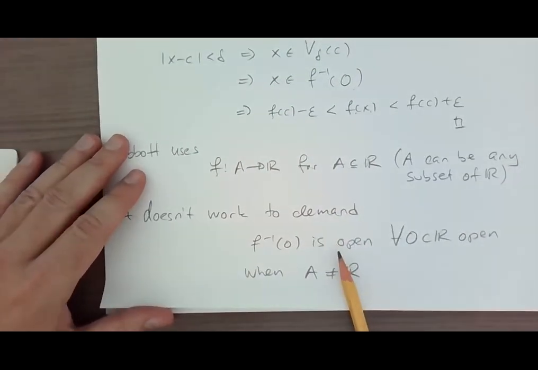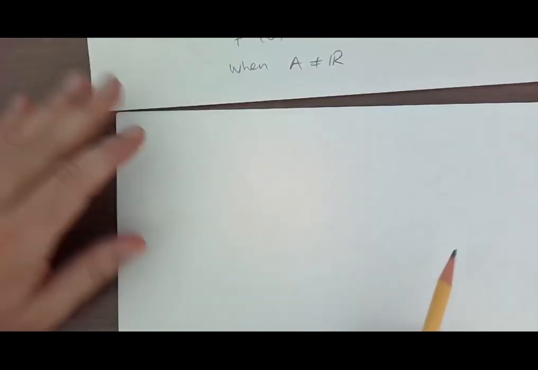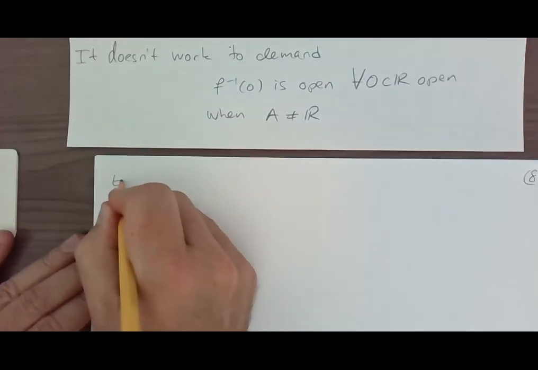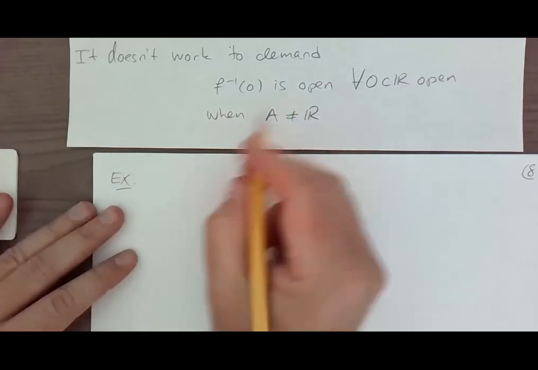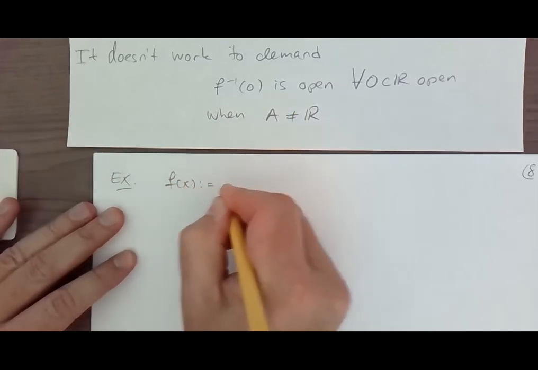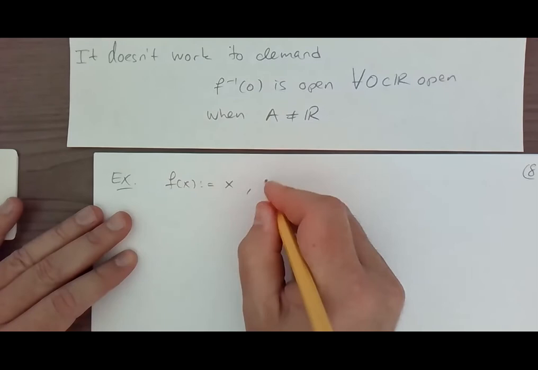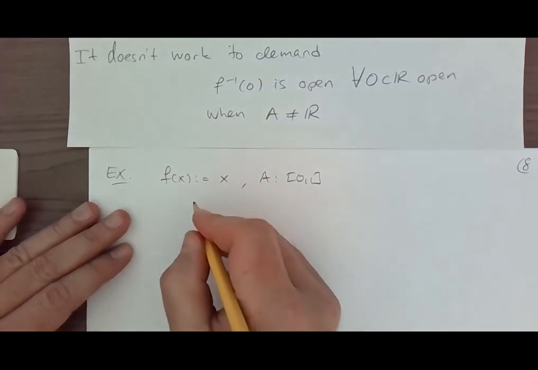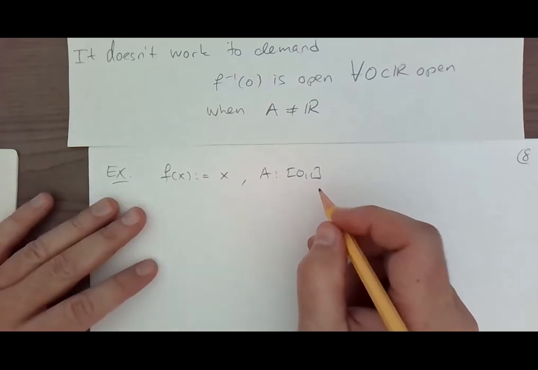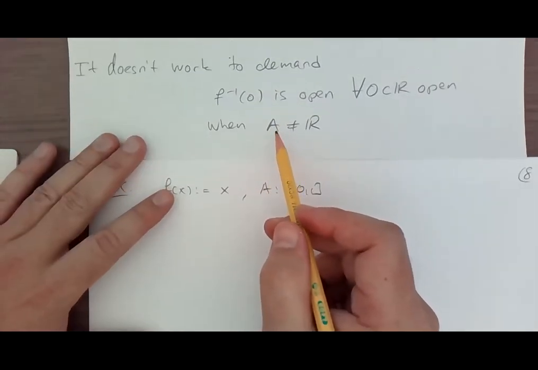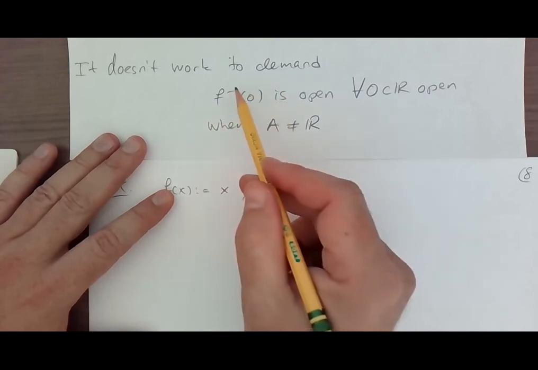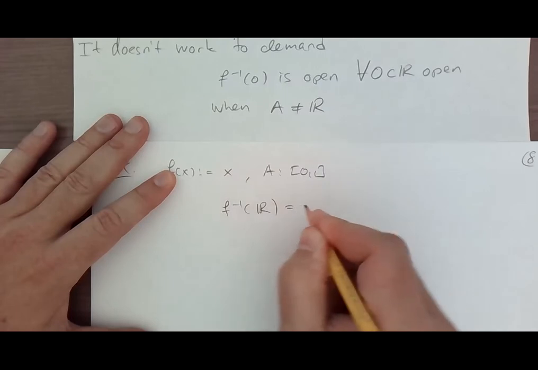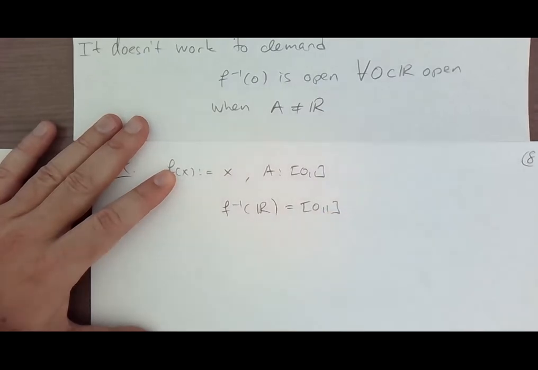Why does this not work? Well, for example, this might be a little silly example, but nonetheless, it does show. If I were to use this definition here, and I'll take f of x just to be x, and I'll take A to be the interval 0 to 1. But then if I were to say that this should be the property, you can see it would fail because the inverse of, say, R, this would be exactly A, right?